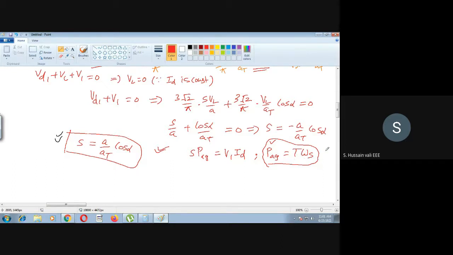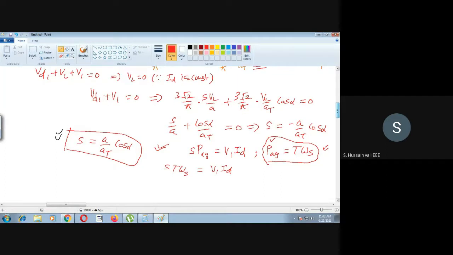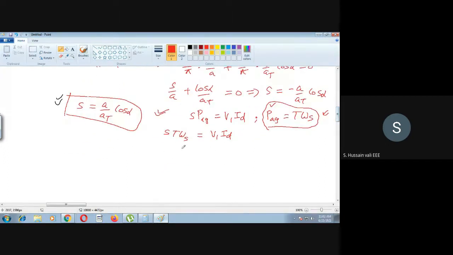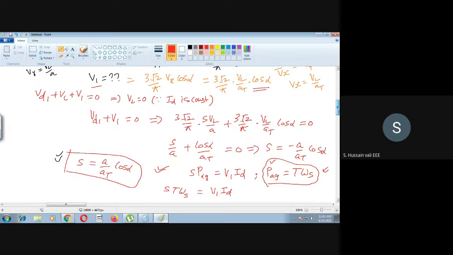So this already we studied. You recall that. Then we substitute here. S into T into omega S is equal to V1 ID. From this we can find out what is torque. Torque is equal to V1 ID divided by S into omega S. What is the V1 equation we got? Somewhere we got the V1 equation.